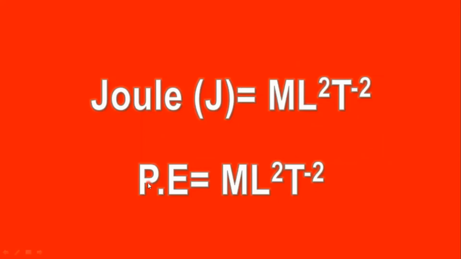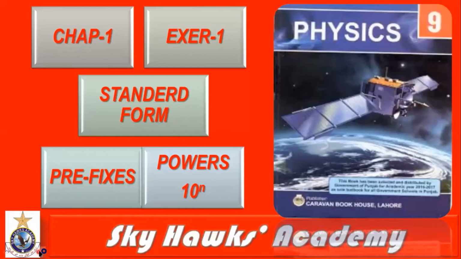From the left hand side, the potential energy as per the formula is this one. So left hand side and right hand side are equal. This is all about the dimensions of all these.